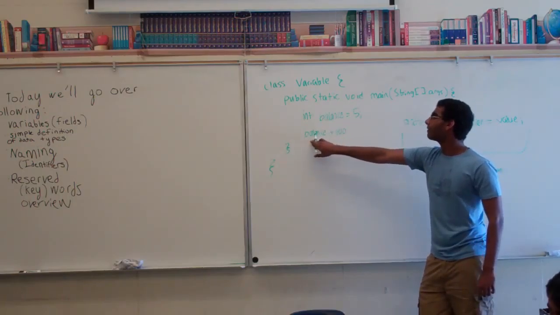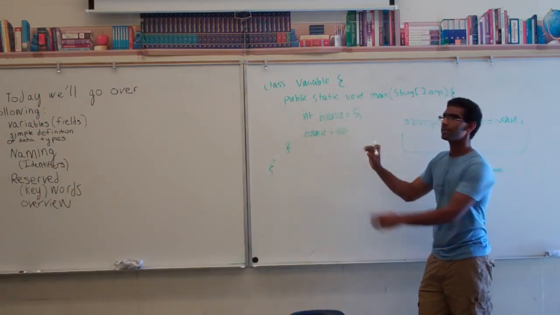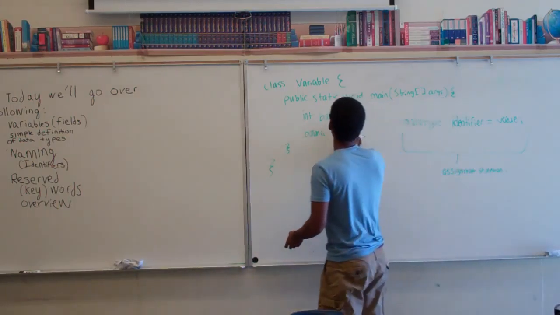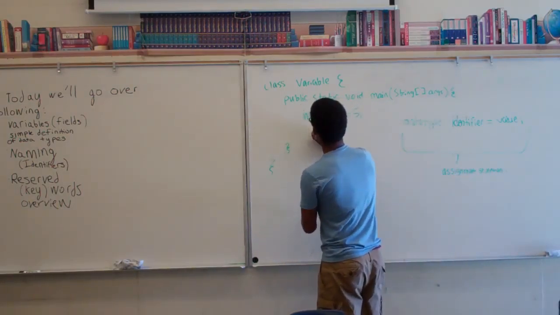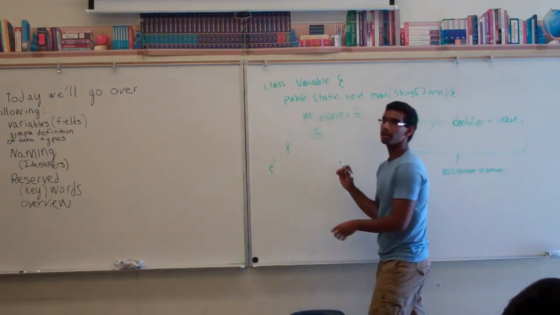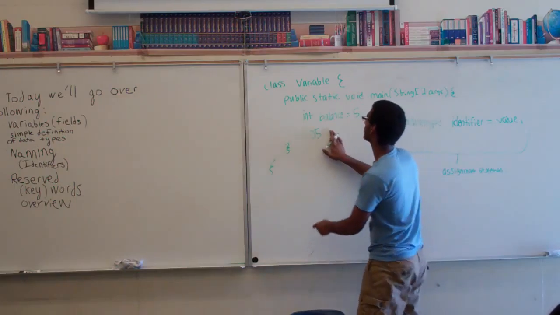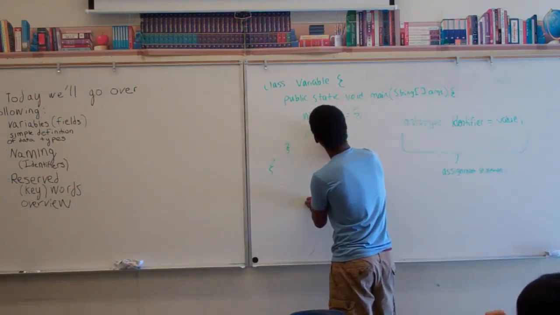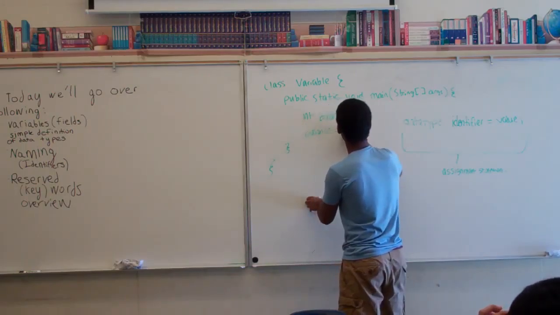So it would take 5 plus 100, and this entire thing would be 105. But that's the exact same thing as just writing this, right? And Java wouldn't allow you to do this. You have to write balance equals 105, right?